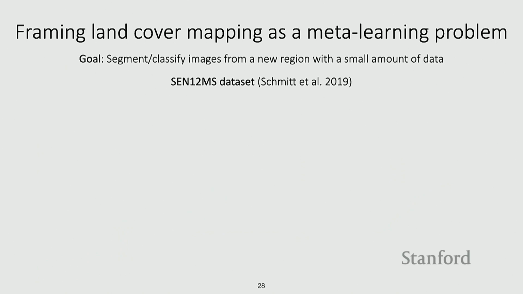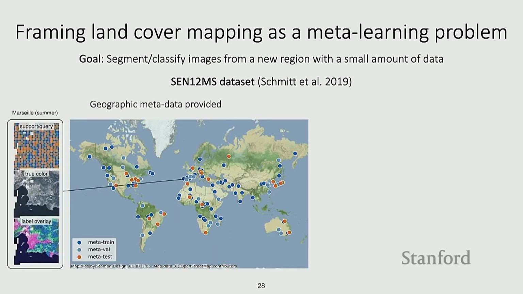Okay, so first we'll look at this SEN12MS data set. And they had different geographic metadata. Here's some examples of the images, and they're using the blue data points for the blue regions for meta training, the light blue regions for validating and tuning the hyperparameters of the meta learning algorithm, and then the orange for actually reporting results and evaluating.